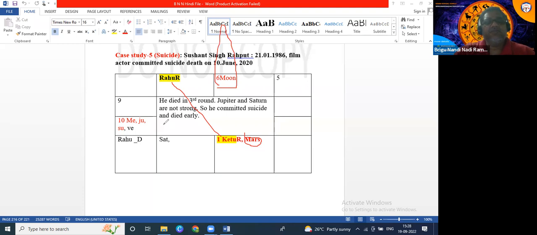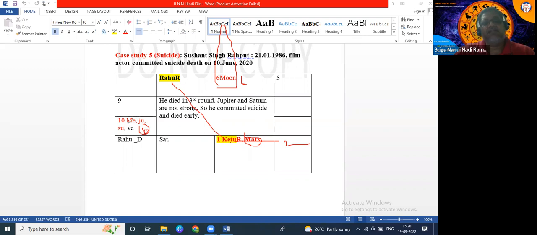And now, actually, Ketu aspects the second house anti-clockwise, and the sixth house and 10th house. So which planets is Ketu afflicting here? Ketu is already with Mars and it is aspecting Moon, Mercury and Sun.